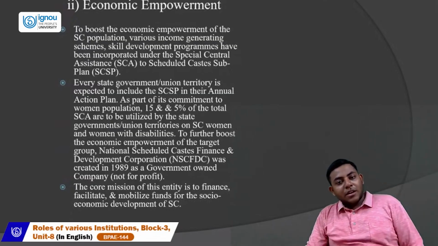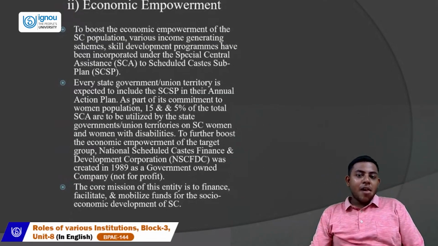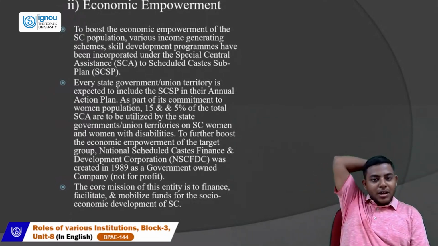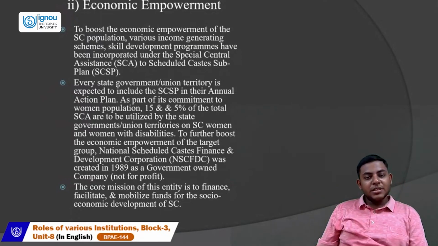So to boost the economic empowerment of the scheduled caste population, various income generating schemes and skill development programs have been incorporated under the Special Central Assistance to Scheduled Caste Sub-Plan, that is the SCSP. Every state government and union territory is expected to include the SCSP in their annual action plan.